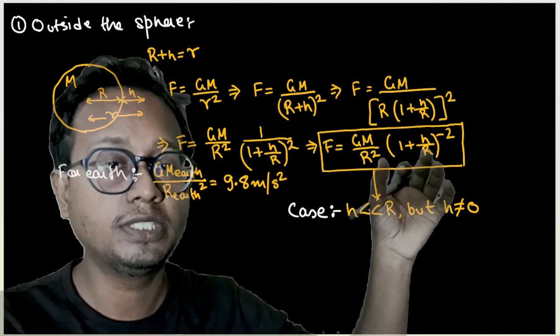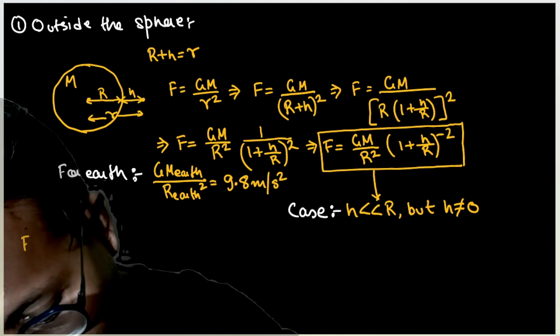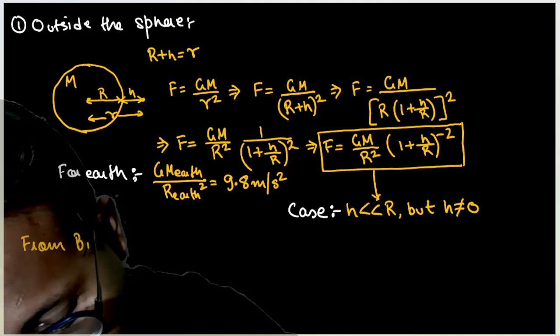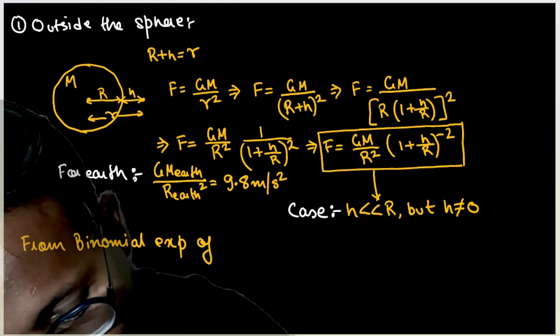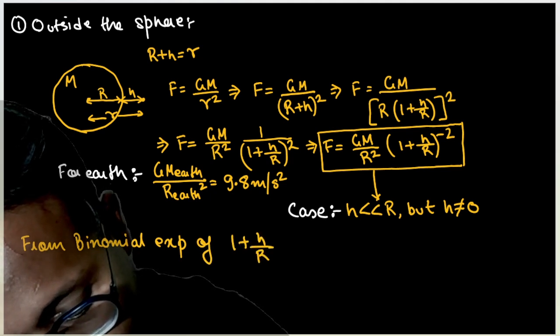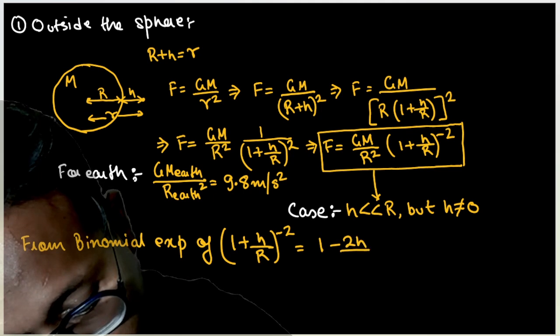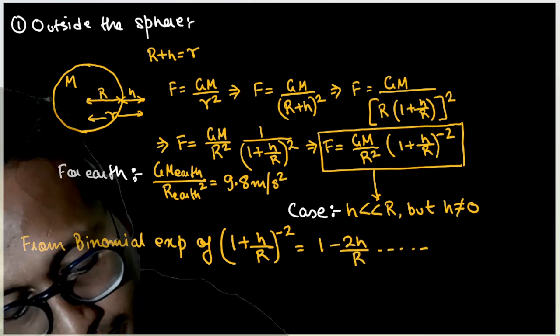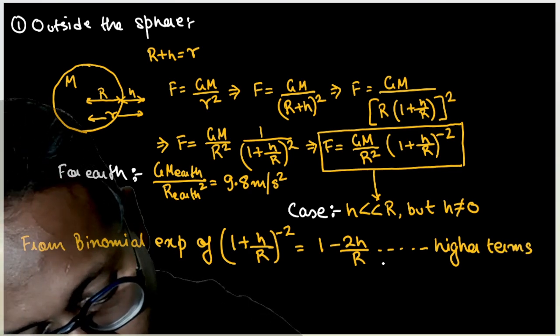For those cases, we just expand this parameter by binomial expansion. From the binomial expansion of 1 plus h by R to the power minus 2, we get 1 minus 2h by R plus higher terms, and we ignore the higher terms.